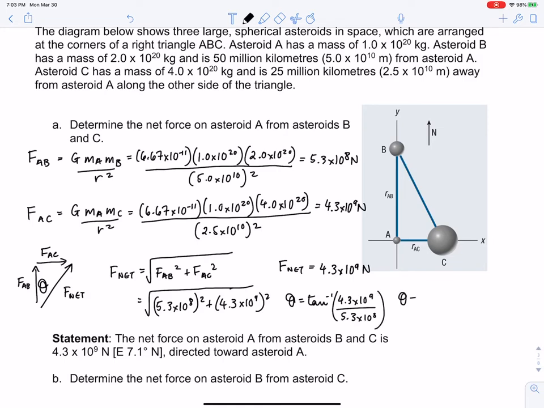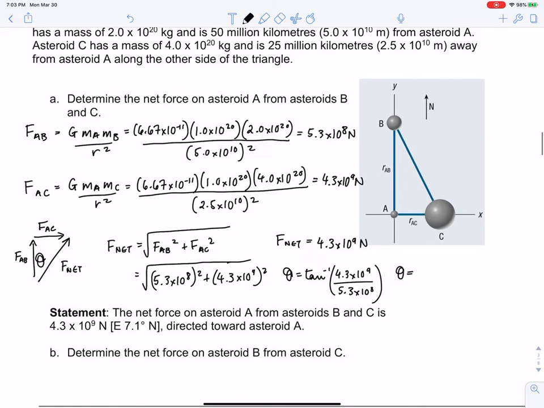Punch this into our calculator. And theta is 82 degrees. And that is 4.3 times 10 to the power of 9 newtons, 82 degrees east of north.